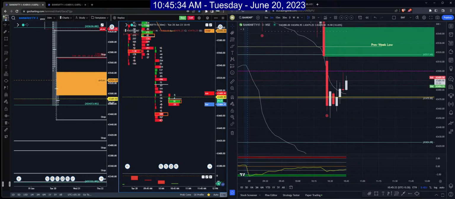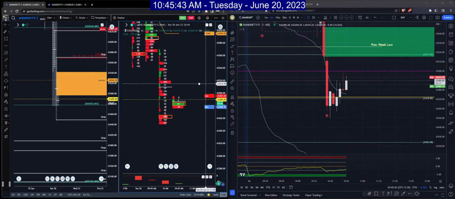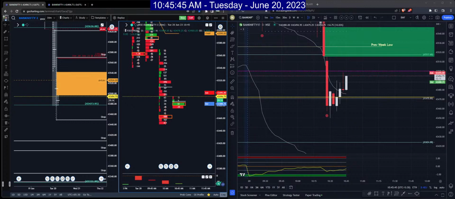So who is the supply? The supply are nothing but the trapped buyers. So I'm observing the reaction at this level and this level. So there's a seller at 43,494, 496, 495.